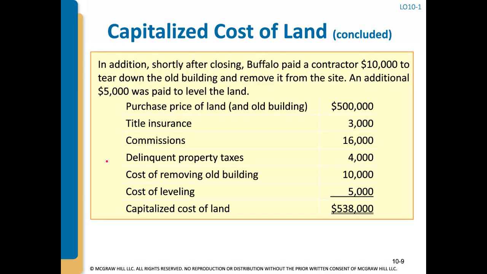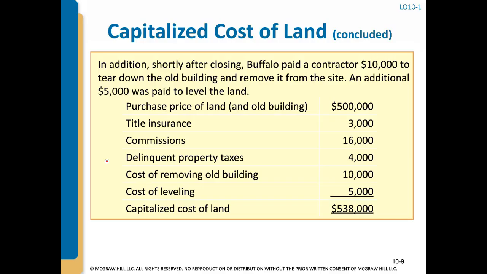In addition, shortly after closing, Buffalo paid a contractor $10,000 to tear down the old building and remove it from the site. An additional $5,000 was paid to level the land. All these costs are part of getting the land ready for its intended use, and they should all be capitalized.